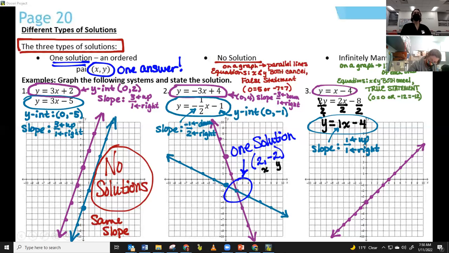Absolutely, the lines are going to be exactly on top of each other. That's the exact same line as what I graphed before.